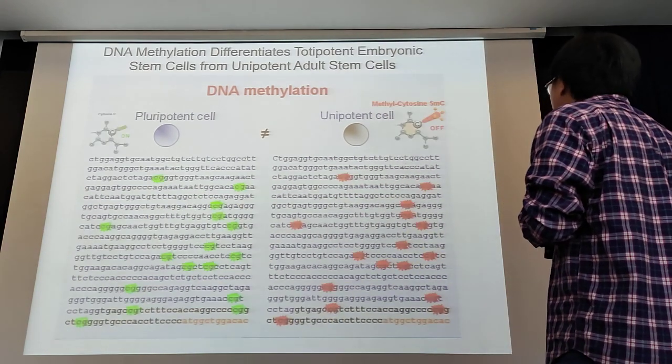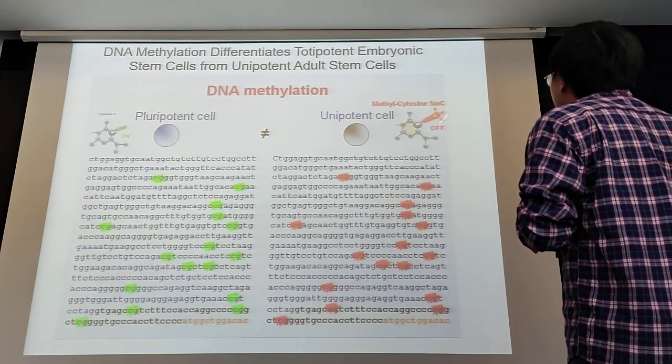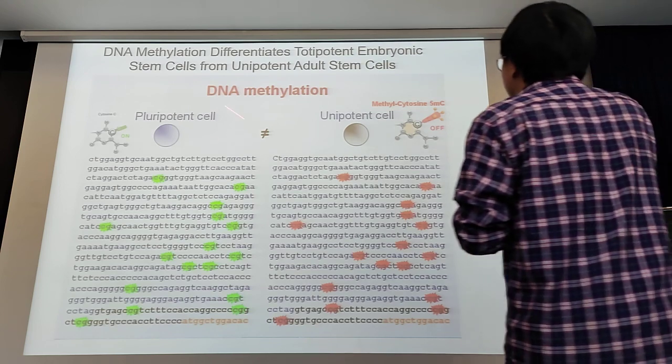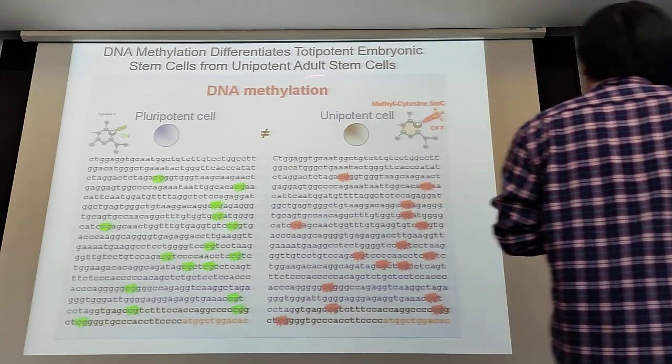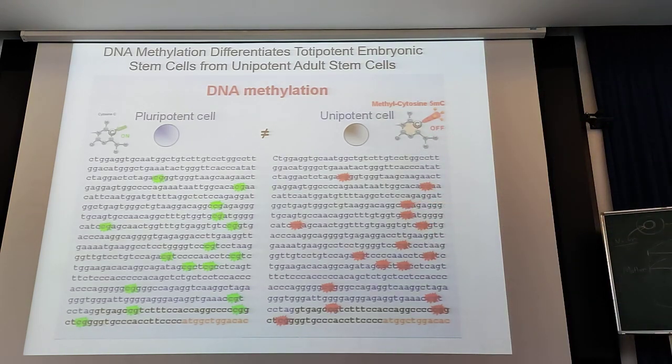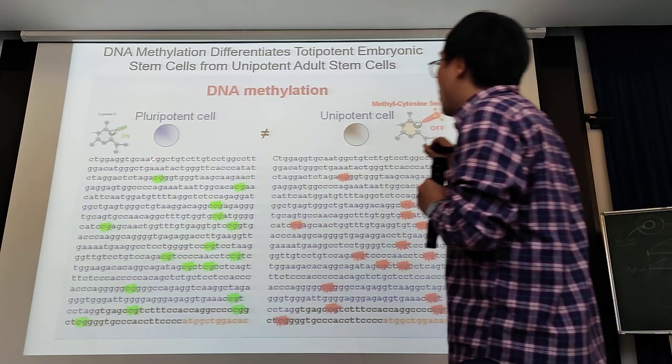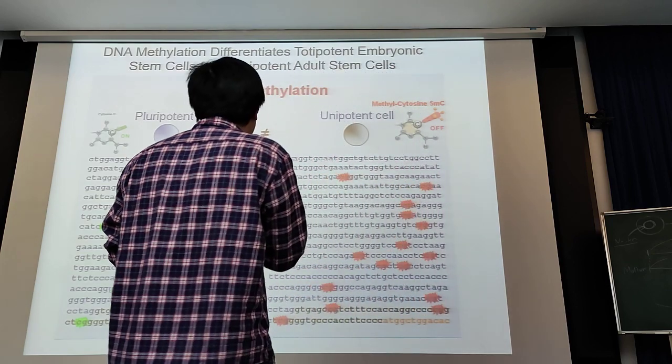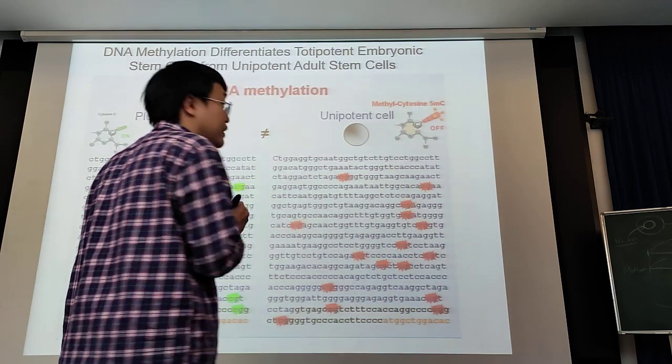But when we compare the DNA methylation between this pluripotent cell and the unipotent cell, we'll see that most of the CpG islands of the unipotent cell are methylated. Meanwhile, in the pluripotent cell, the CpG island was unmethylated.